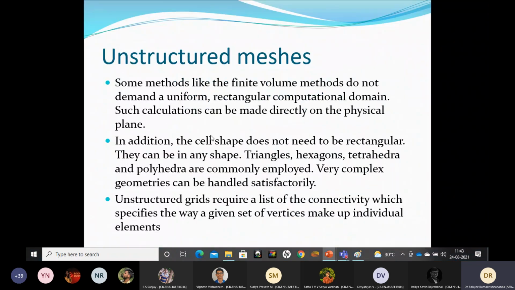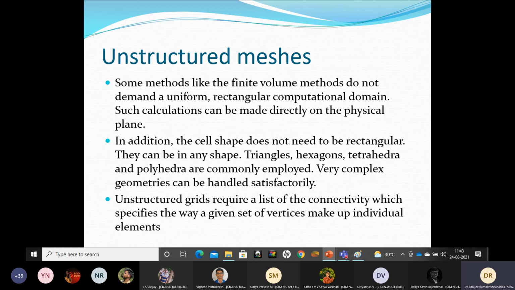Some methods like finite volume methods do not demand a unit rectangular configuration domain. So such calculations, depending on the method you use, the solver you use, sometimes a transformation may not be needed. They are not very strict.